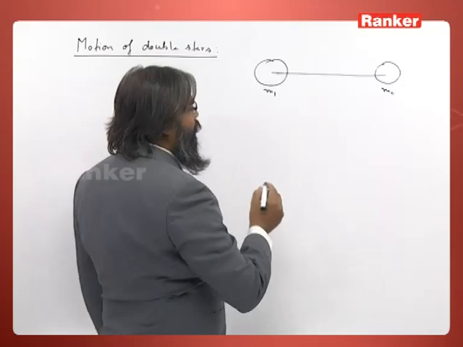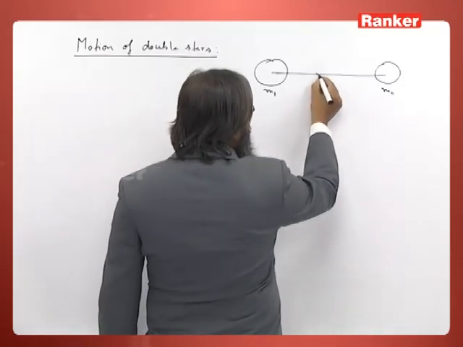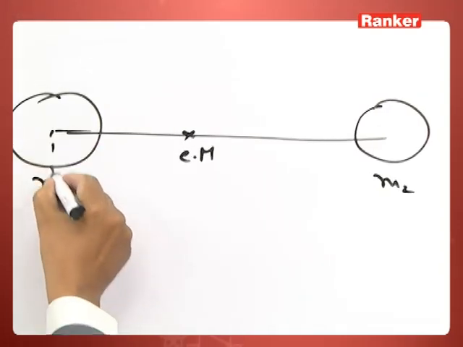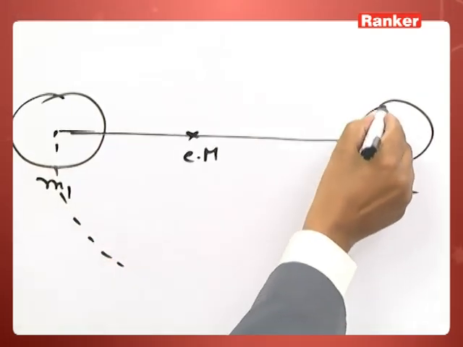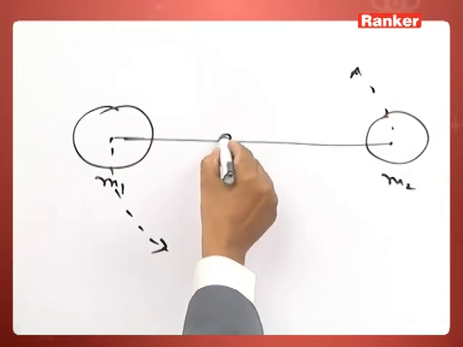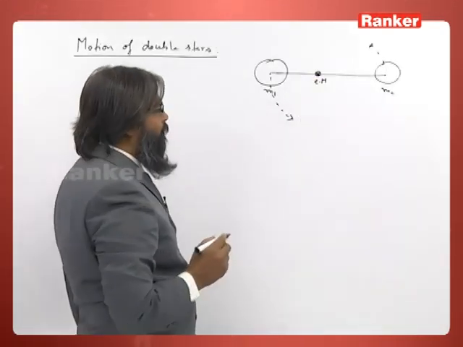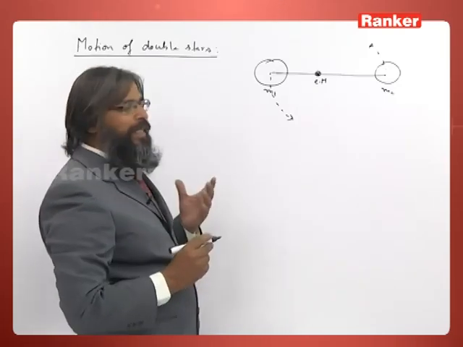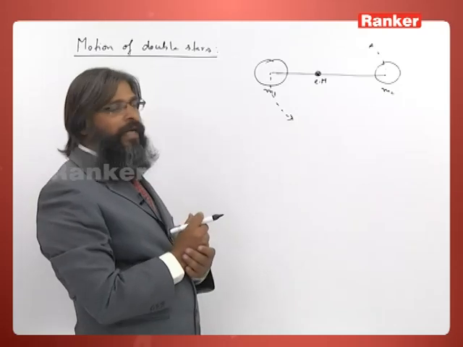So, what happens actually, there we have this as the center of mass. This star orbits and this star orbits, they orbit around their common center of mass. So, let us find what is the energy, momentum and time period of such a double star.